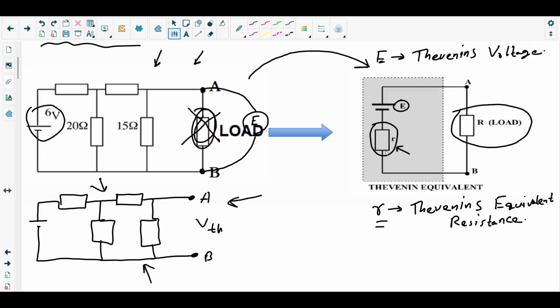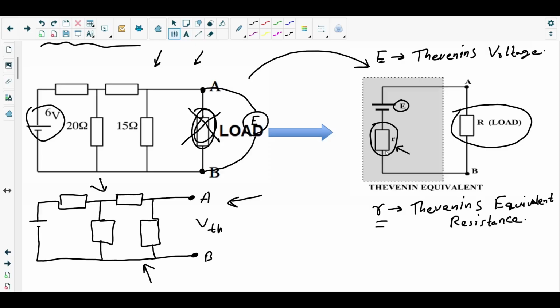But the fact is the Thevenin's voltage gives you the terminal PD of what? Terminal PD of the original circuit when the load resistor is removed.